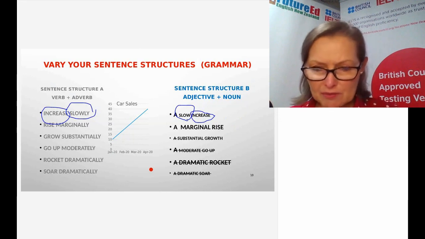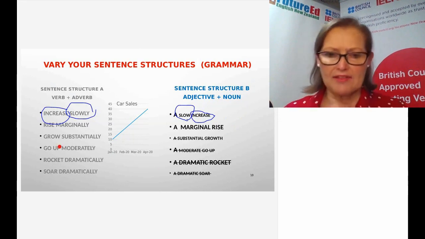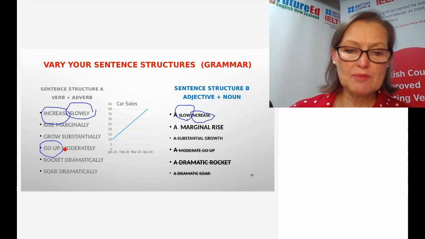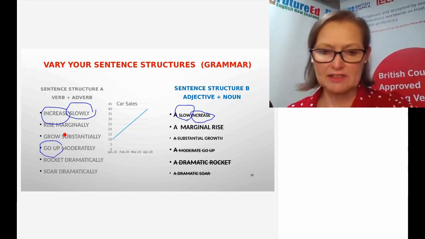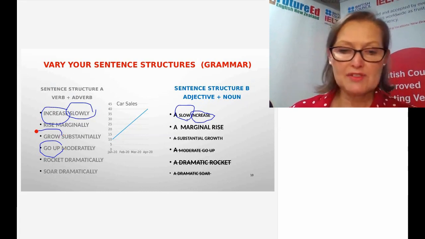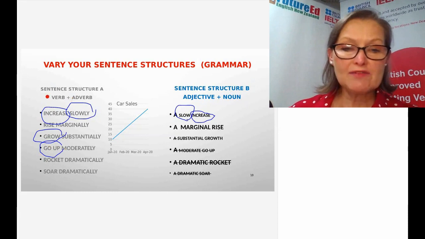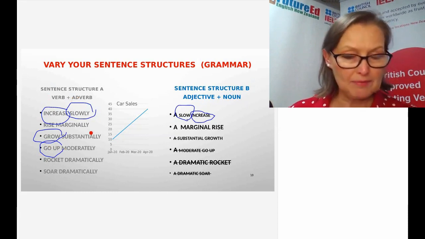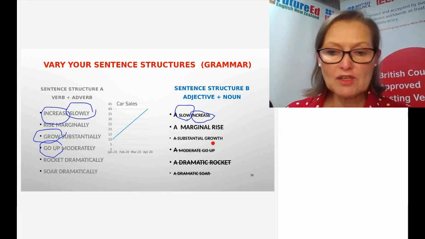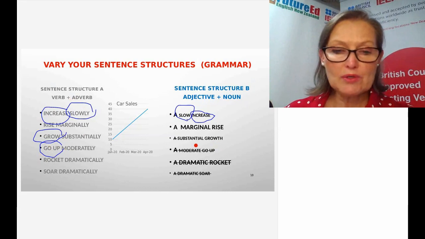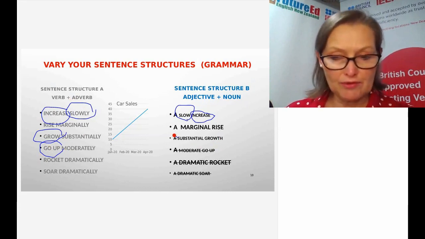But have a look at this one. This verb here, grow, and go up. These verbs I can use in my verb and adverb structure. But when I transfer grow substantially, I talk about substantial growth.